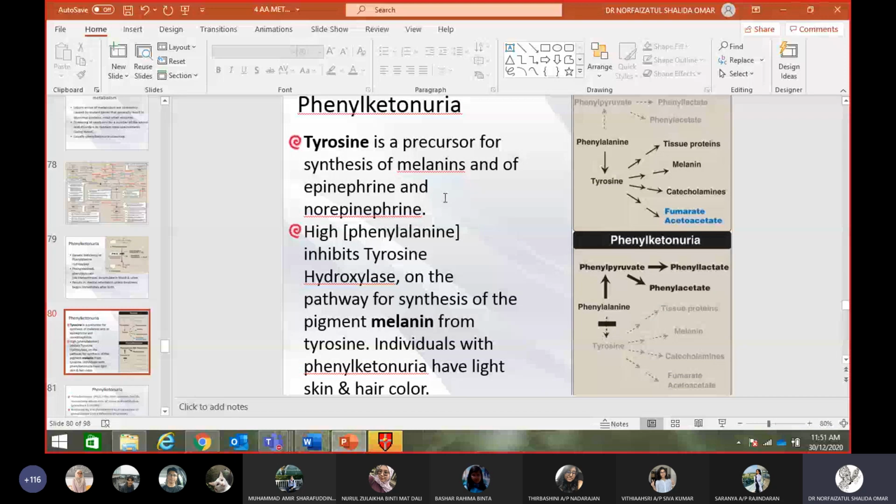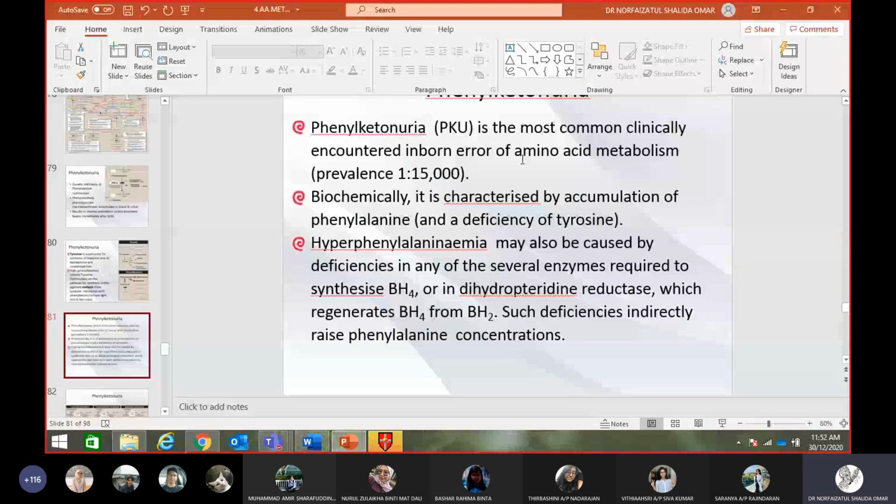If you remember, melanin is important for the coloration of your skin, and also epinephrine, the neurotransmitters, and catecholamines. Because no melanin is produced, individuals with phenylketonuria have light skin and hair color, but it's not totally like albinism. Okay, it is the most common among the rare inborn errors.